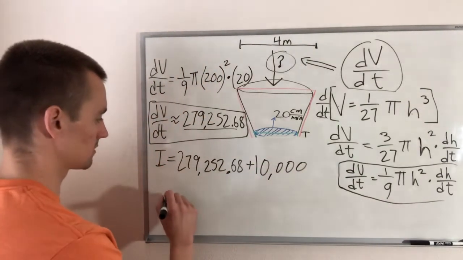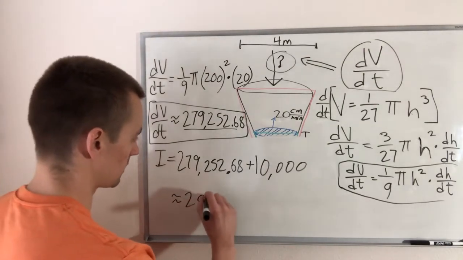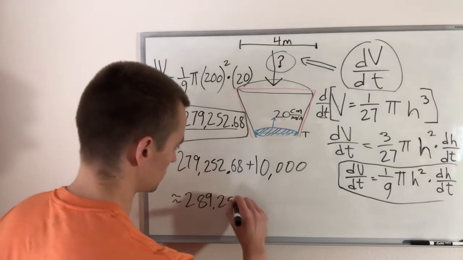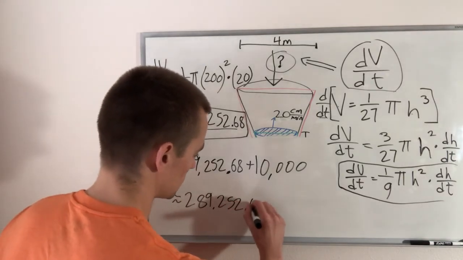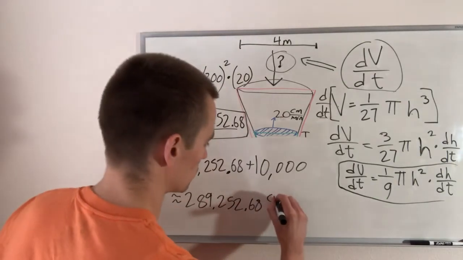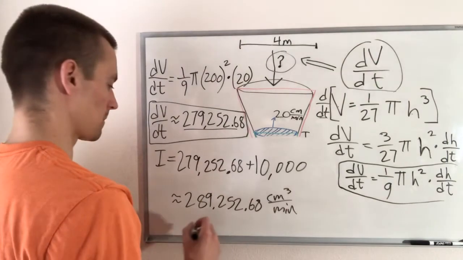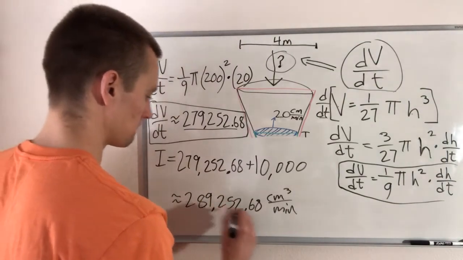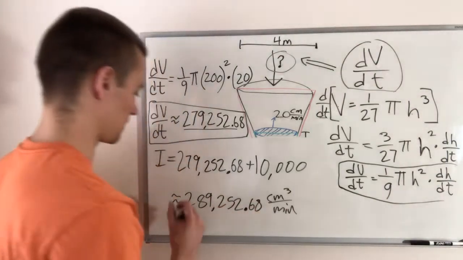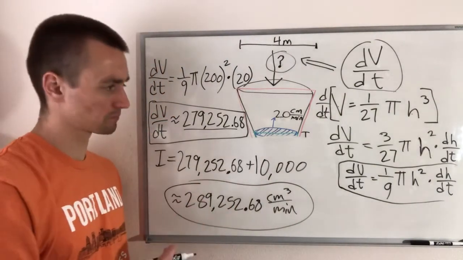So that'll give us about 289,252.68 cubic centimeters per minute. Decimals kind of look like commas there. So that's it. That's how quickly water is being pumped in.